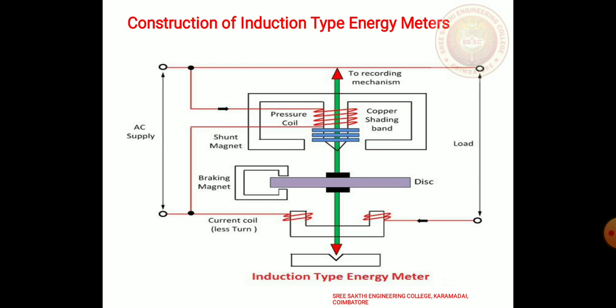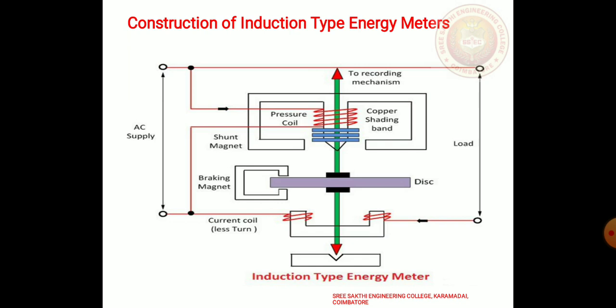Shunt magnet: it consists of a number of M-shaped laminations of silicon steel assembled, with the coil wound on the center limb of the magnet. This coil is connected across the load, the supply voltage, and is known as the potential coil. Next we discuss the moving system.